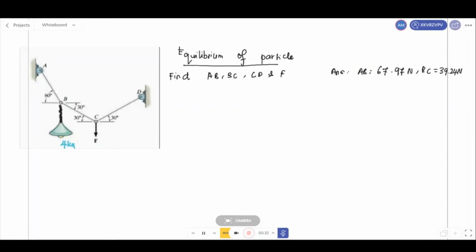After we have done the analysis at point B, we are moving forward to point C. So you have to draw the FBD for particle C.